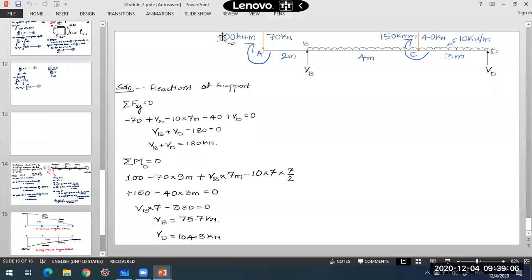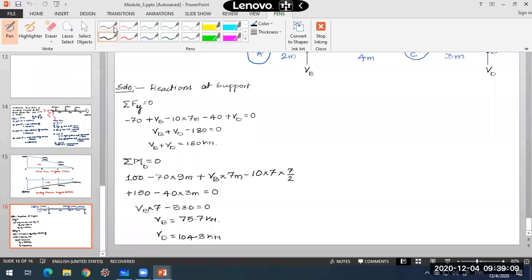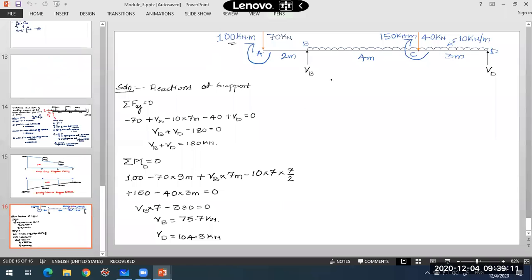What was the value I have? Two values we have calculated. Shear force at A was minus 70 kilonewton. Shear force at B was 5.7 kilonewton.